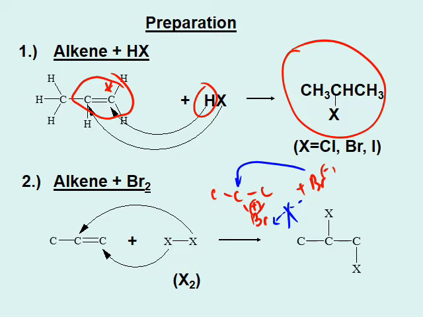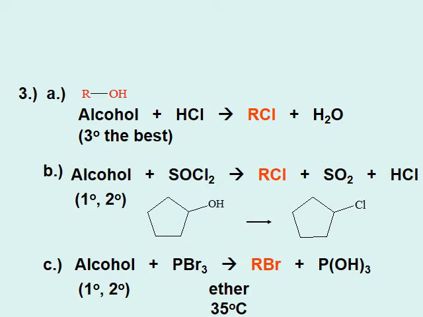We discussed that before. In the next slide, we're showing you how you can get alkyl halide from an alcohol. Now, alcohol, in case you don't remember, is a carbon, carbon, carbon chain with OH at the end. OH attached to carbon gives alcohol. We have been using R to represent any alkyl group.